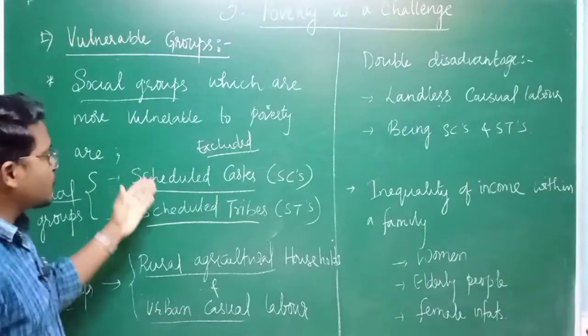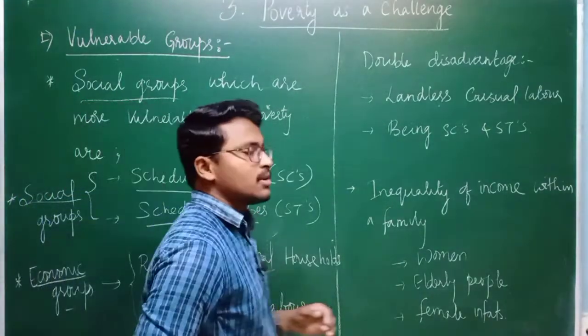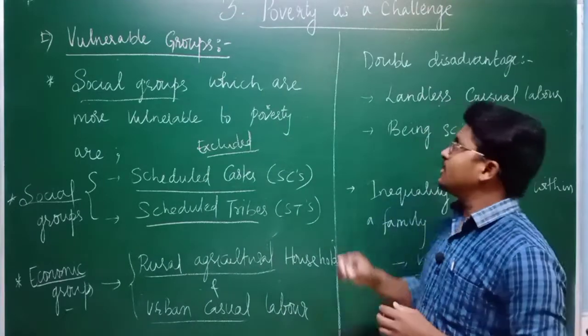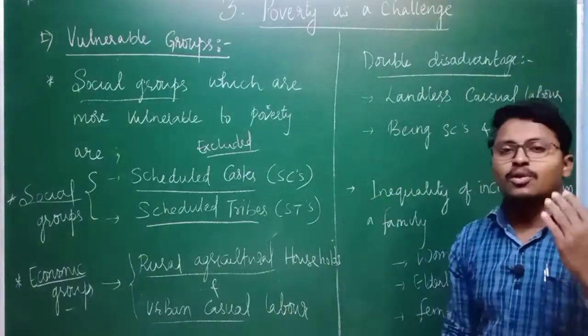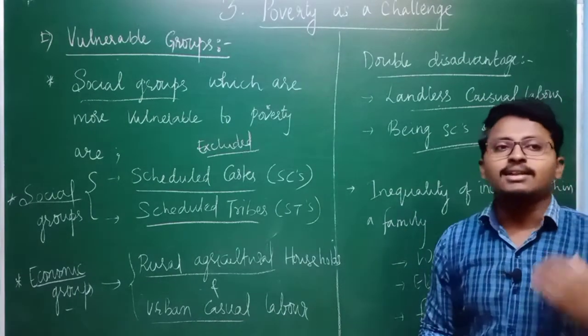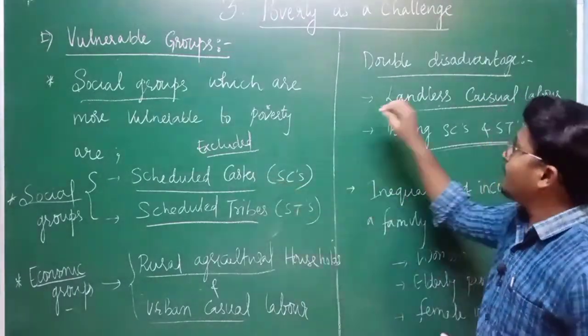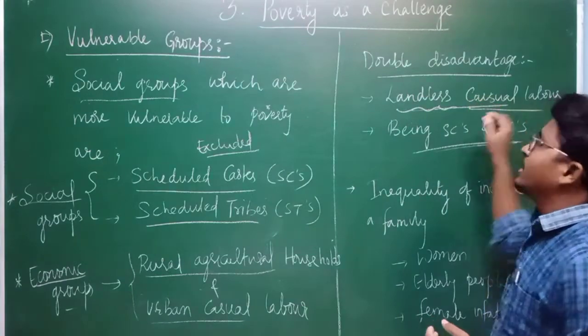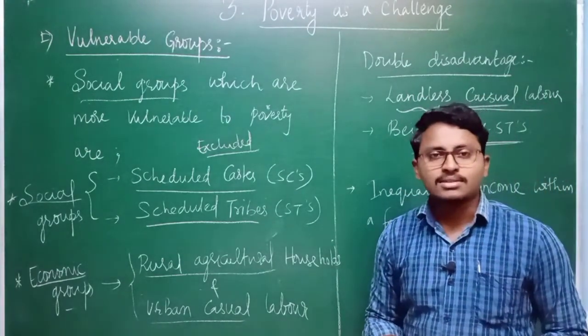And there are some groups like scheduled castes and scheduled tribes who have double disadvantages. One is being SCs and STs, and the other is that these groups mostly do not have any land and they work as casual workers or casual laborers.